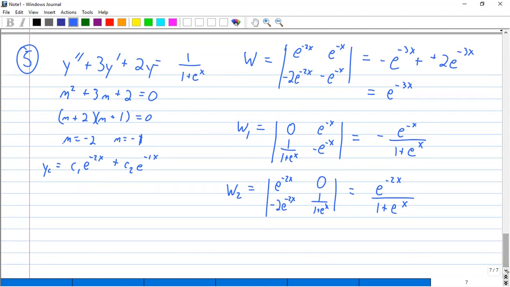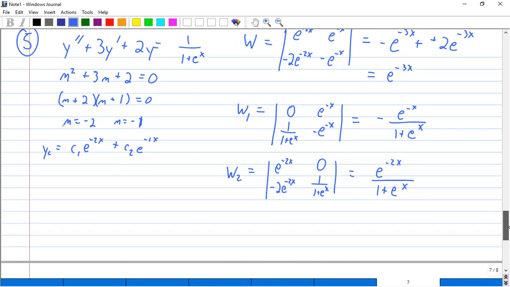Now we can find our u sub 1 prime and our u sub 2 prime.